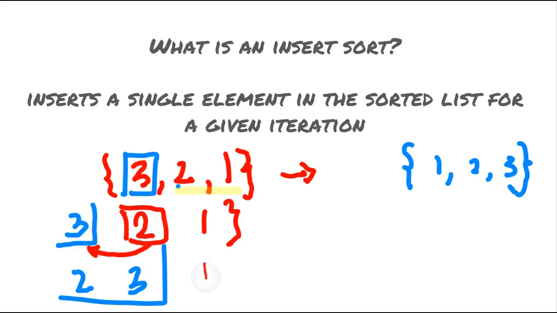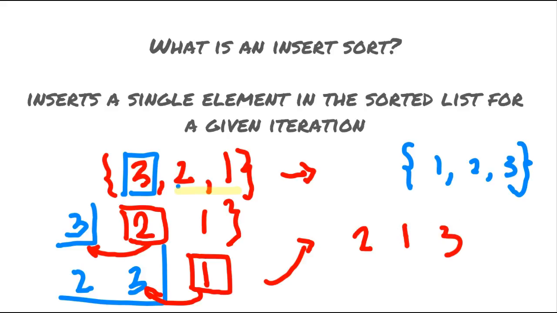in this next iteration we will focus on 1 as our key value, and first we're going to compare that with 3. Since 3 is larger, we are going to swap the 2 values. So we will have an intermediary 2, 1, and 3.